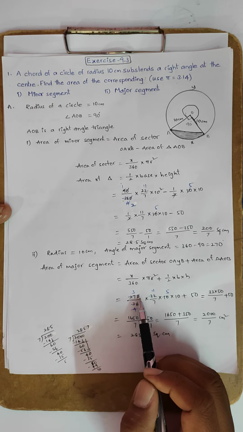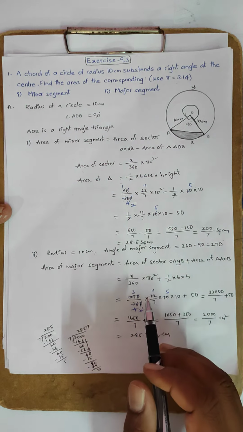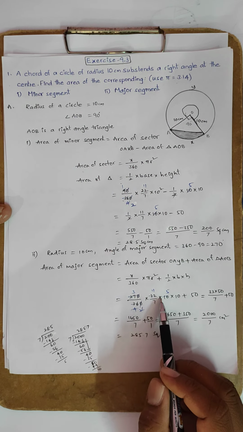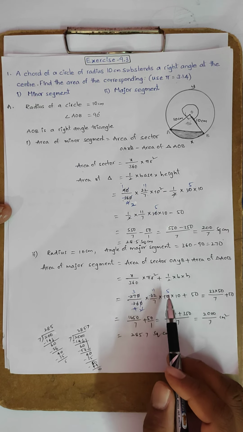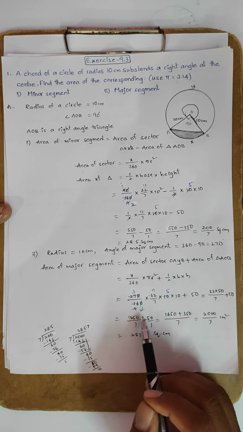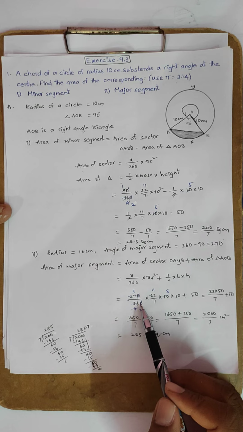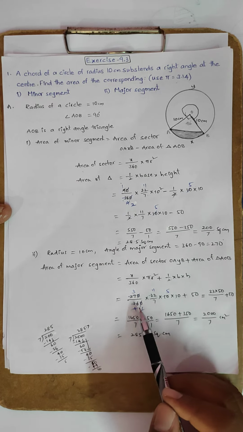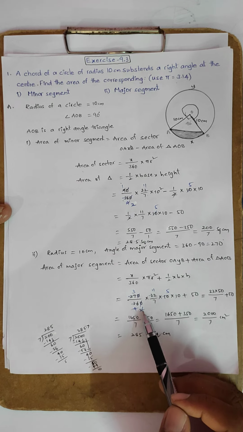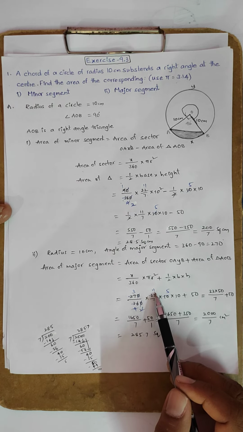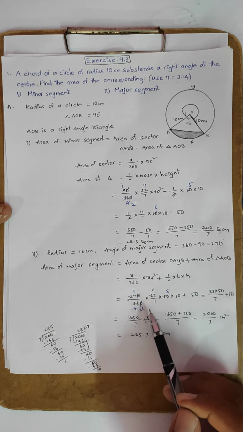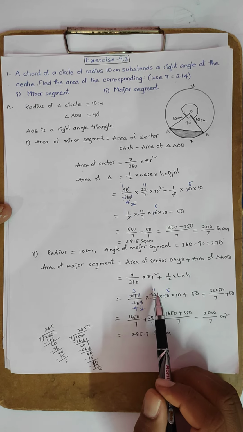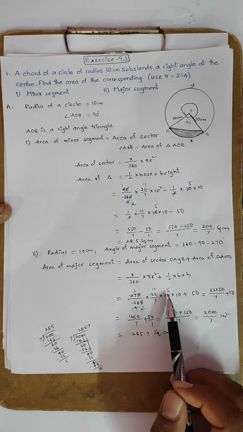Here the x value is 270, remaining 360 minus 90, 270 by 360 into pi value 22 by 7 into radius square, means 10 into 10. Do the cancellation. 0 0 get cancelled. 9 3s are 27, 9 4s are 36. Again 2 2s are 4, 2 1s are 2, 2 1s are 2. Okay, now again 2 1s are 2, 2 5s are 10 get cancelled. 11 5s are 55.